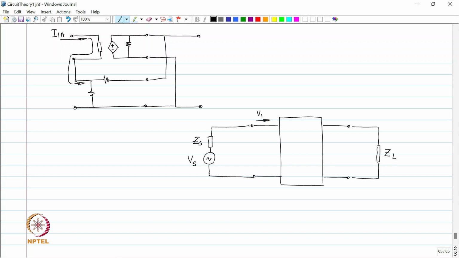Of course, you could reverse the ports, but that is okay. We are going to name the ports according to this.